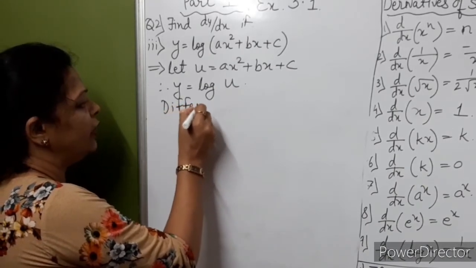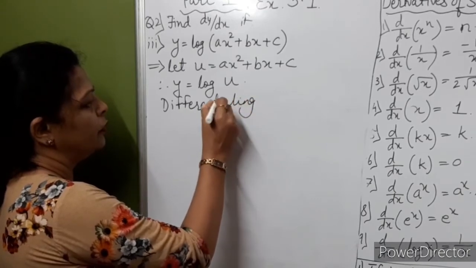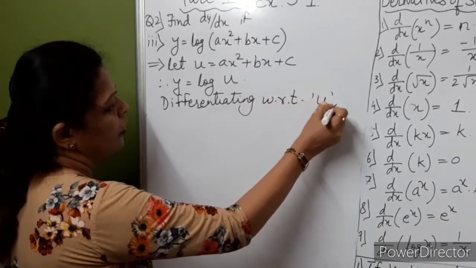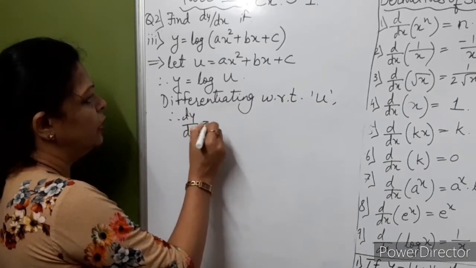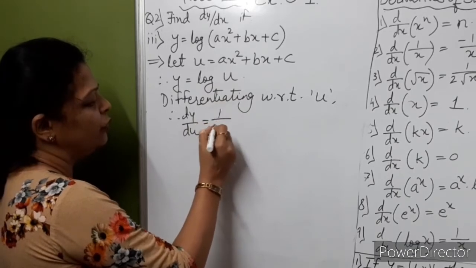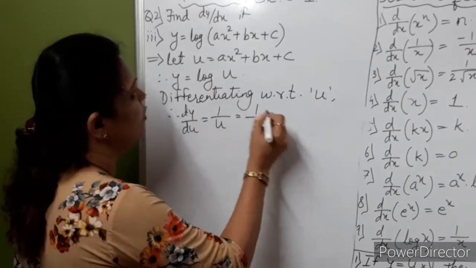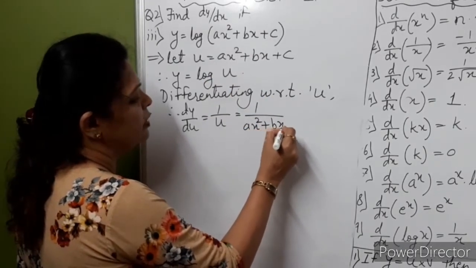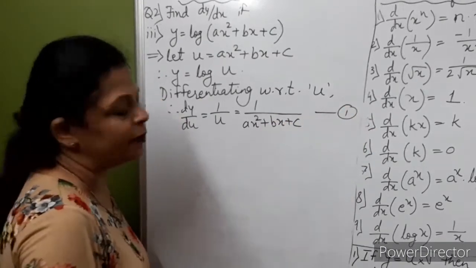Again differentiating with respect to u, therefore dy by du is equal to the derivative of log u, that is 1 upon u. So that is 1 upon ax square plus bx plus c. This is your first step.